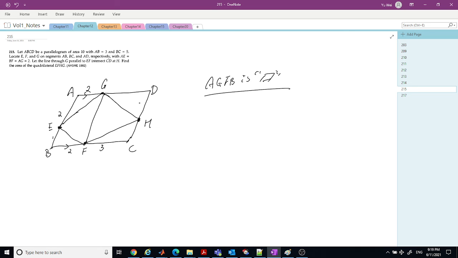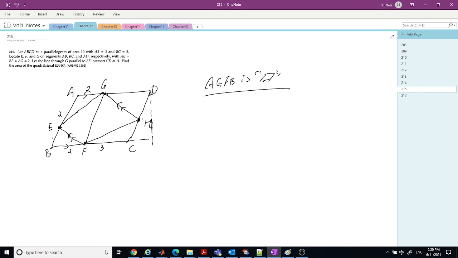Okay, so in order to find the area of the quadrilateral EFGH, right? So you can see this one is parallel to this one, right? So it's a trapezoid, but maybe the easiest way for us to solve is to use the parallelogram we know is 10 and take out the rest of the area, right?